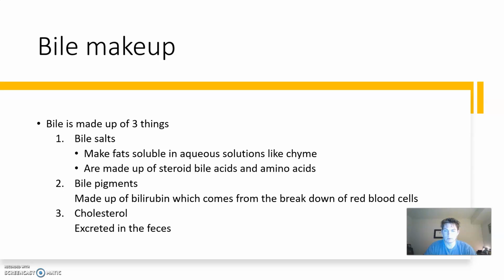They are made up of steroid bile acids and amino acids. Bile pigments are made up of one compound, mainly bilirubin, which comes from the breakdown of red blood cells. Cholesterol is just cholesterol and is excreted into the feces.